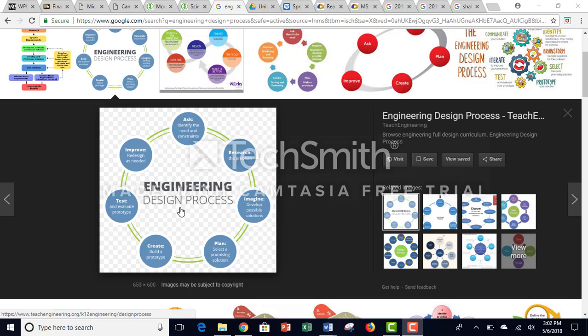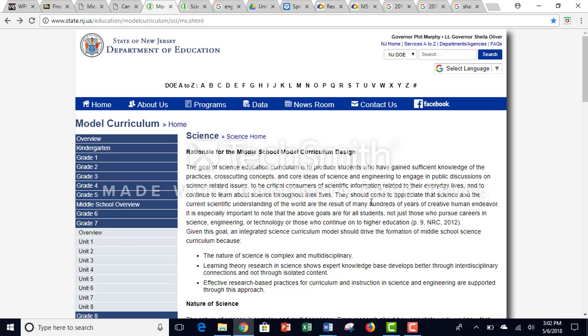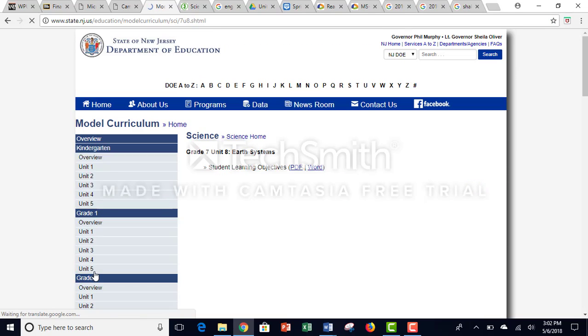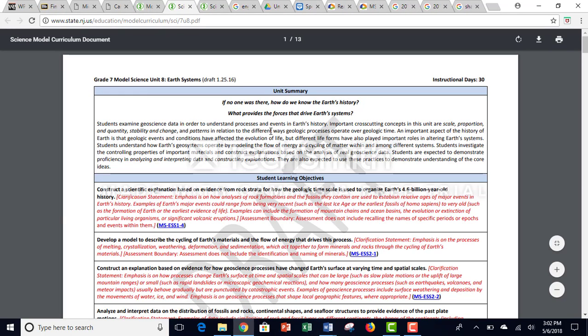In terms of the subject and grade, if I go on to the New Jersey Department of Education, first of all, the subject for this lesson is science. It is grade 7, and we are going to be looking at Unit 8, which is Earth systems.